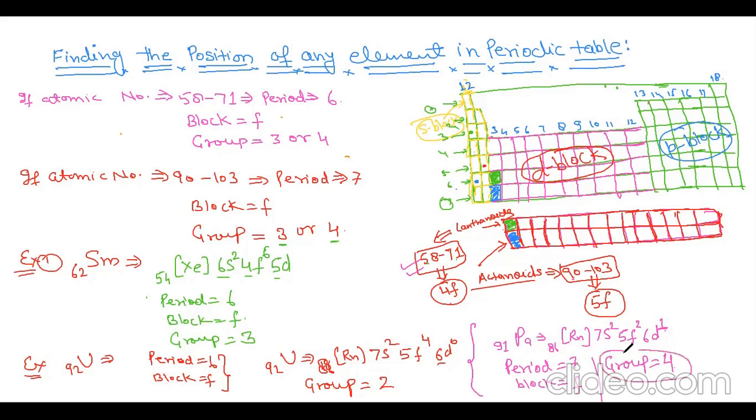Whenever one electron comes into the d orbital, then always group number 4, otherwise all the f block elements belong to group number 3. Okay, thank you.